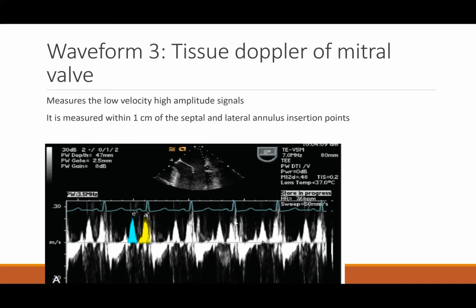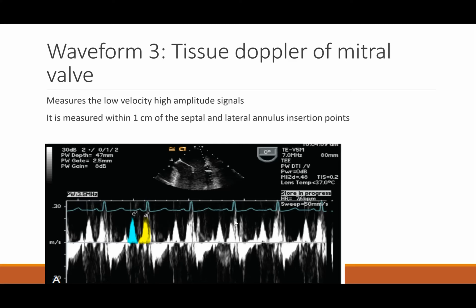The third waveform which we use to measure diastolic dysfunction is tissue Doppler of the mitral valve. In the previous two waveforms, we were measuring the velocity of the blood, which is actually a high velocity, low amplitude signal. In tissue Doppler, we are measuring the velocity of the myocardium, which is a low velocity, high amplitude signal.